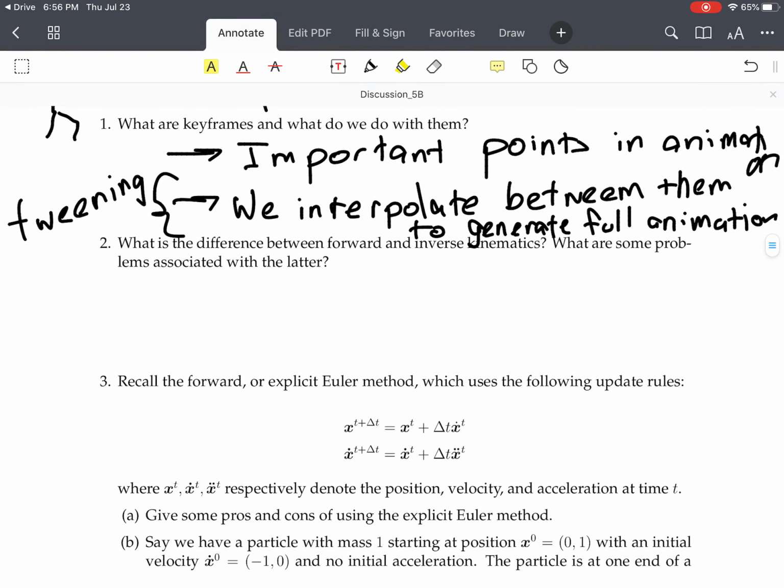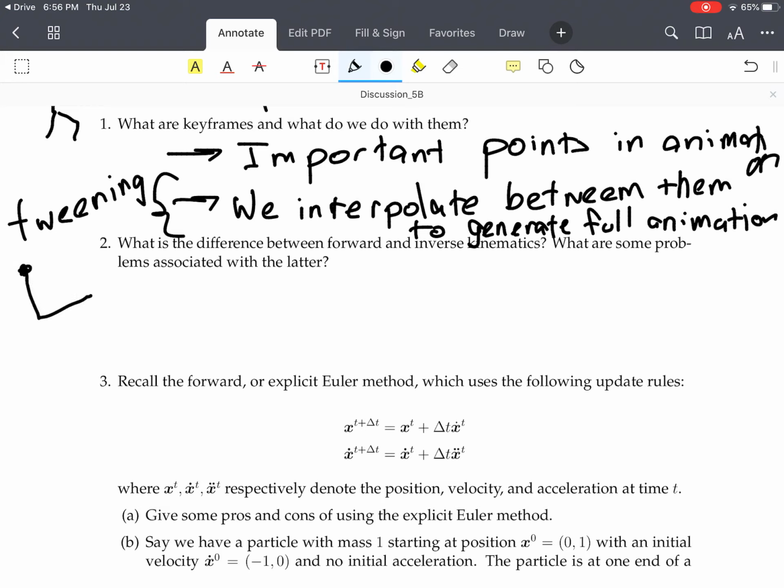Okay, what is the difference between forward and inverse kinematics, and what are some problems associated with the latter? The way I like to think of forward and inverse kinematics is to imagine an arm. Let's say this is the shoulder, that's the elbow, and then the hand.